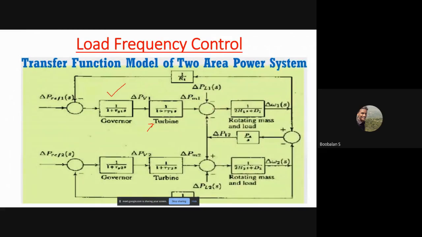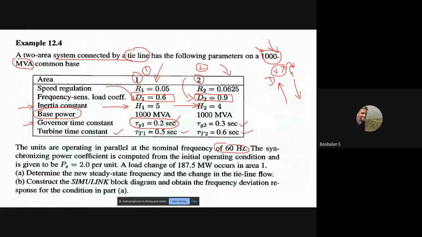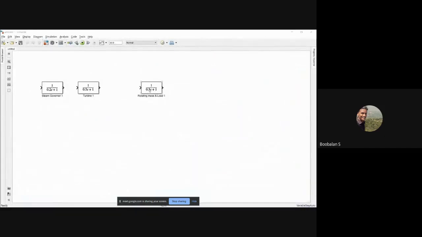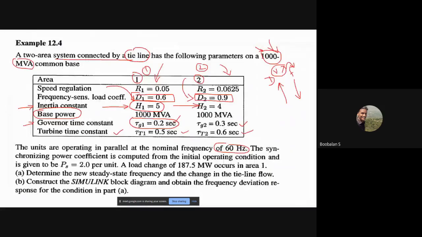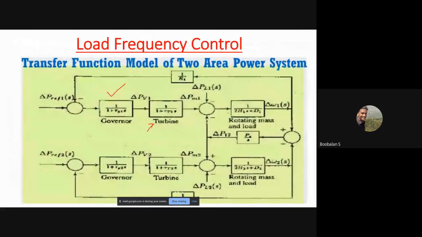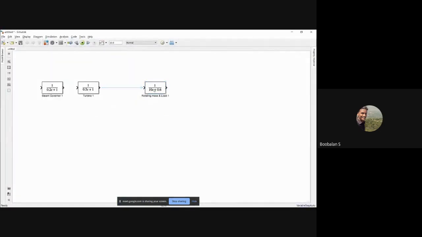We need to bring this into my formula. 2H1 is nothing but 2 into 5, which is 10, and D1 is 0.6, so 10.6. Just click apply, okay. So 2 into H1 into s plus D1, right? You could see the rotating mass transfer function in our common block, right? This one is now covered.